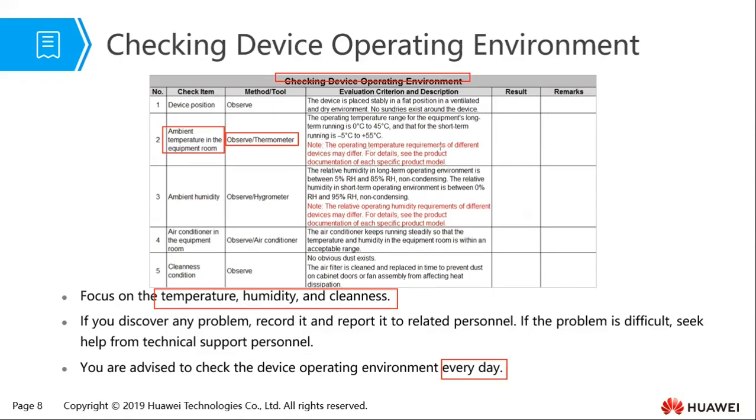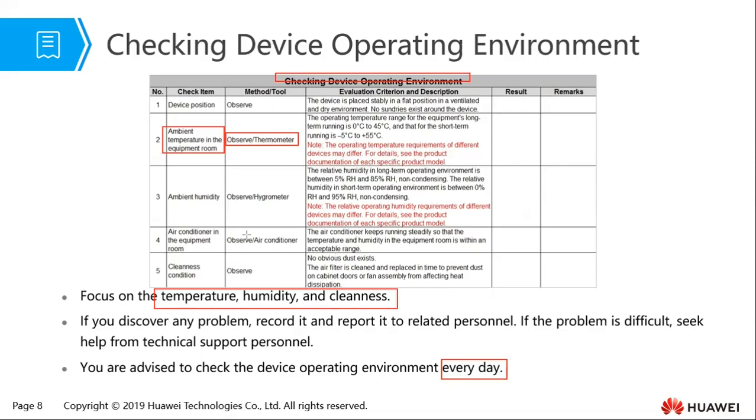The operating temperature requirements of different devices may differ. For details, you need to see the product documentation on each specific product model. So here you might enter the results and the remarks that are needed.